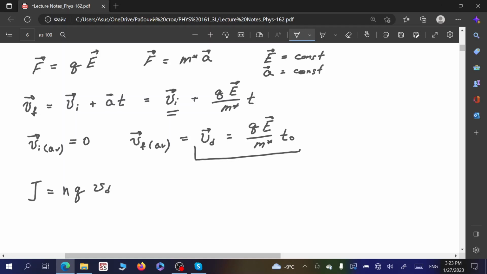So now we can substitute the expression. It will be n times q squared times the magnitude of electric field divided by the effective mass of the charge carrier in the conductor, and here is the time of free flight, t naught. With some rearrangement, we can write n, the concentration of charge carriers, q squared times t naught divided by m star, which is the effective mass, and here we have the electric field.